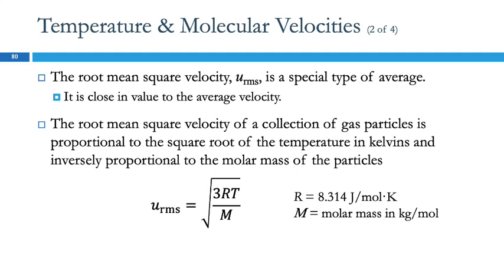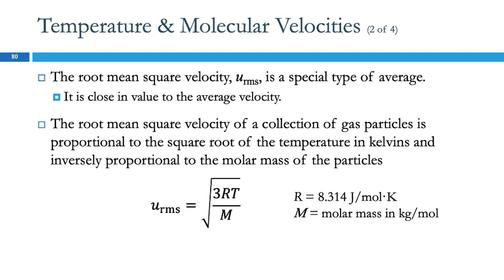The root mean square velocity, the average velocity of a collection of gases, is proportional to the square root of the temperature and inversely related to the molar mass of the particles. If we have a big mass, then the velocity is going to be smaller, right? Big guys move slower on the football field. If we increase the temperature, the particles are going to move faster, so the velocity is going to increase.